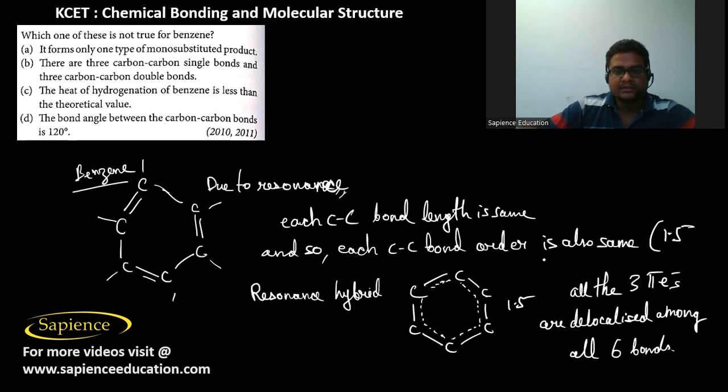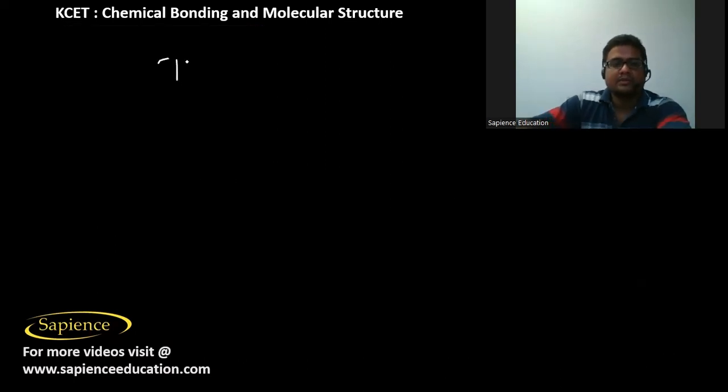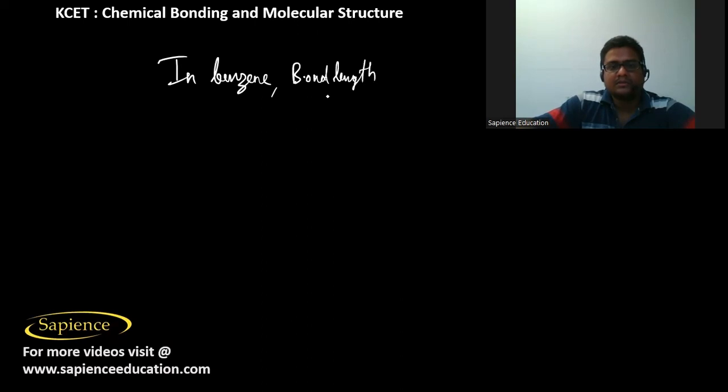Since the bond order is 1.5, in benzene, the bond length of the carbon-carbon bond is 1.39 angstrom.